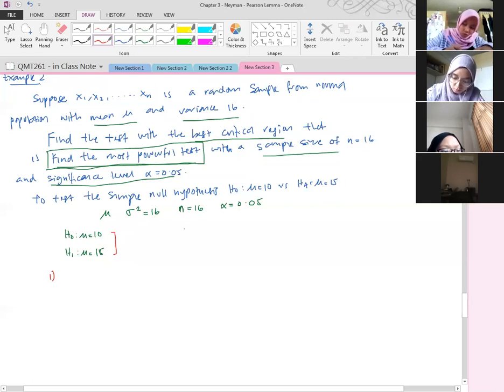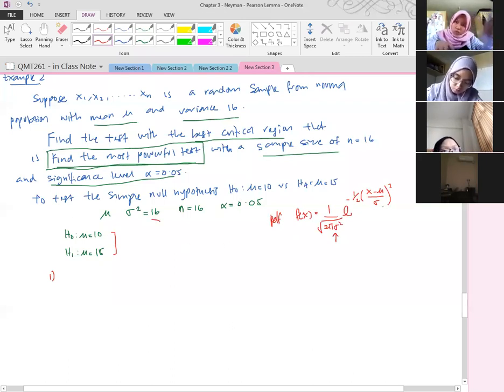So the PDF for the normal distribution is 1 over the square root of 2 pi sigma squared, exponential of negative 1 over 2 times (x minus mu divided by sigma) squared. Now we already know the value of sigma squared, and we also know the value of mu, right? So it makes this a simple hypothesis.